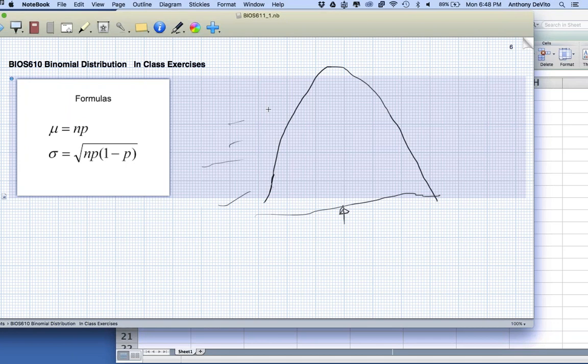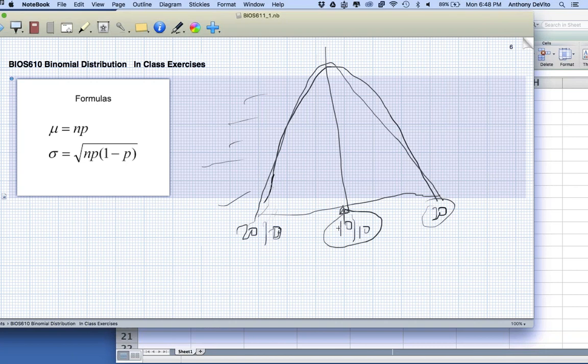So if there were 20 layers of pins, then this would be 10 left turns and 10 right turns. This far end here would be 20 left turns and no right turns, and so on and so forth. This would be 20 right turns. Okay, so basically, since the probability was 0.5, we formed what approximates a normal distribution, right? With a mean of 10, the outcome being 10 balls that went to the right.